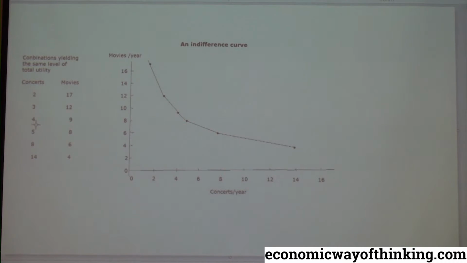Why? Because the 4th concert is worth less than the 3rd concert. That's why you will be willing to give up fewer movies. So all these points are reflected in different curves. An indifference curve means that any combination of concerts and movies along that line gives you the same level of satisfaction or utility.